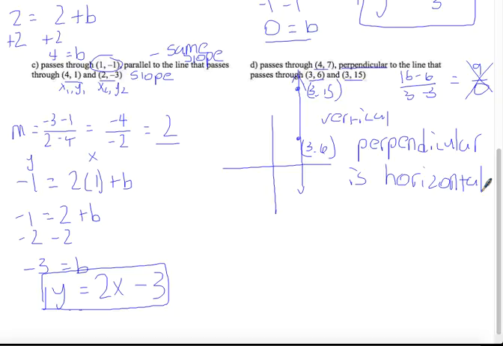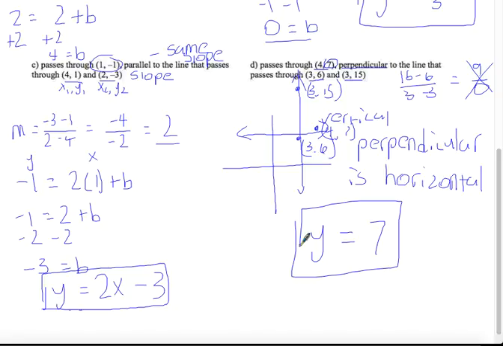So we want it to pass through 4, 7. So let's say 4, 7 is right there. And that line would look like this. So a horizontal line that passes through a y value of 7 would just be y equals 7. So this has a slope of 0 because the vertical line has an undefined slope. Okay.